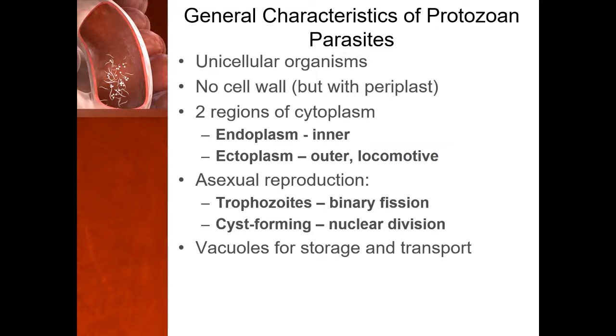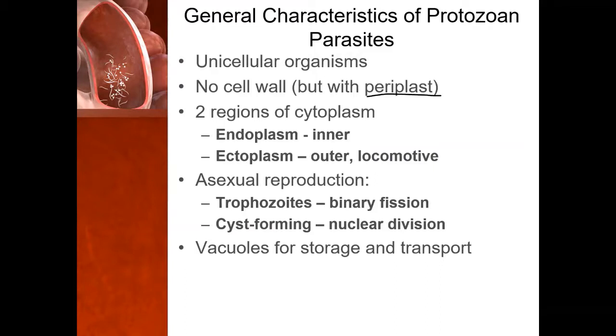So, periplast is an example of a plasma membrane wherein the nutrients as well as the waste products of your protozoan parasite will be absorbed and released. So that is the function of their periplast.